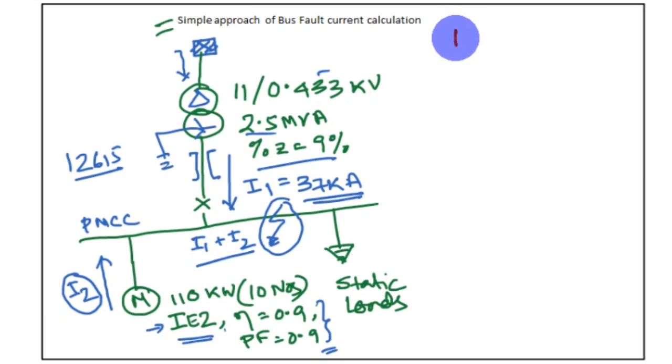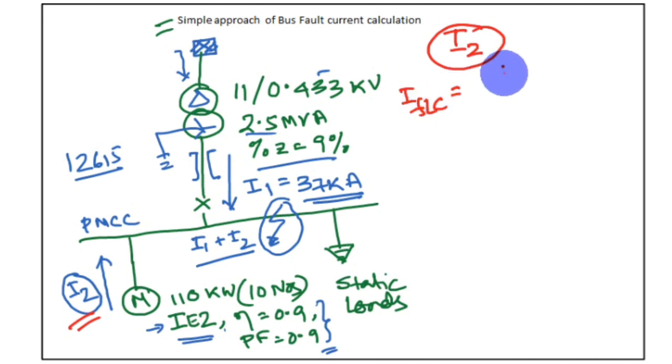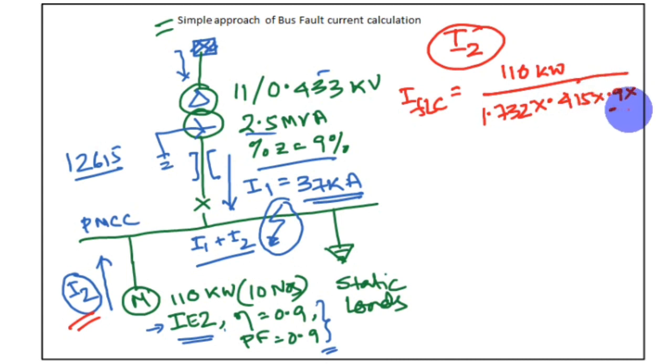Now our calculation is I2; unfortunately I mentioned IE2 earlier. We will be calculating the value of I2. The full load current of the motor, IFLC, is equal to 110 kilowatt by 1.732 into 0.415, as the motors are rated 0.415 kV, by its power factor by its efficiency.